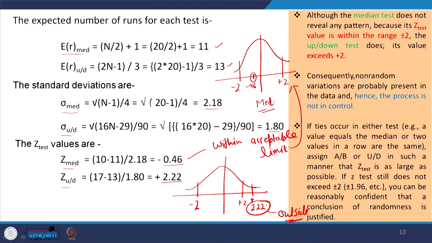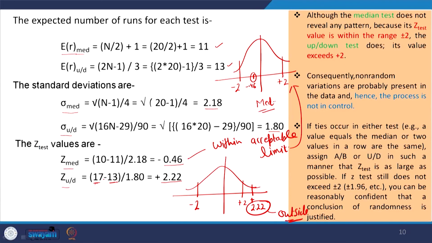Actually 17 runs are there, 13 is the expected runs. A standard deviation of 1.80 is acceptable, meaning from 13 you may have at maximum up to 16 runs, that will give you the value of Z within plus 2, but 17 runs are giving too much fluctuation in your data points.